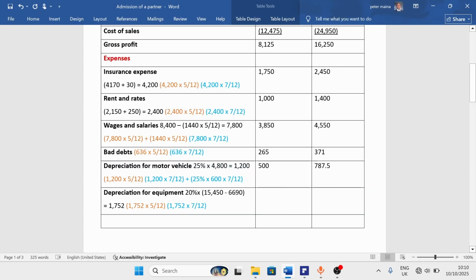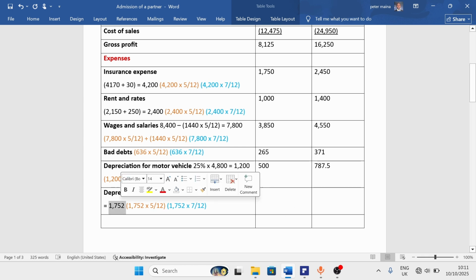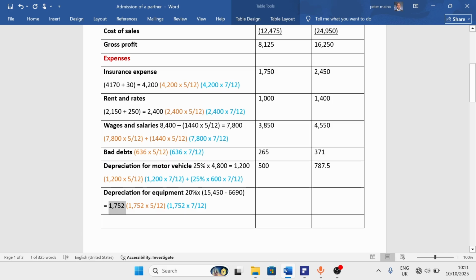So 15,450 minus 6690 gives us 8760. So we multiply 8760 with the rate of depreciation, which is 20%. It gives us 1752. So 1752 is the depreciation for equipment for 1 year. Now we want to apportion it according to months.